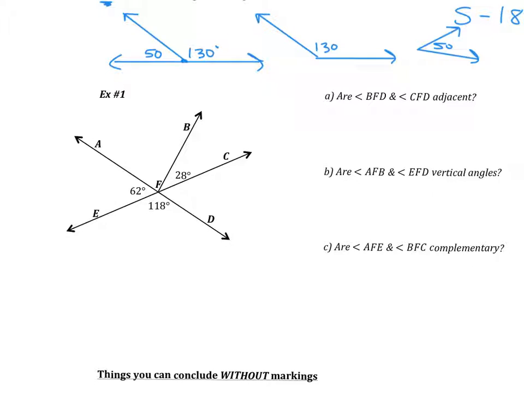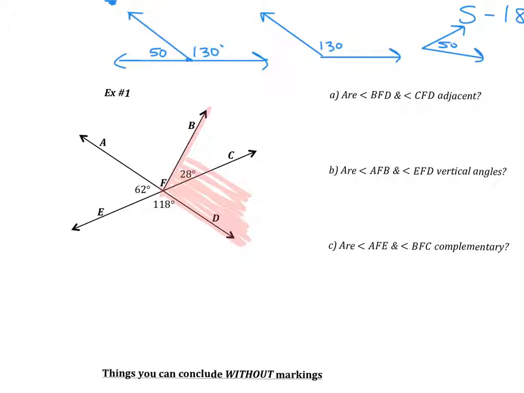Who thinks yes, those are adjacent? Who thinks nope, not adjacent? Who thinks I have no idea? And that's totally okay. Remember, we like mistakes. Okay, here's the thing. If you look at angle BFD, we're going to do a little highlighting here. Oh, sorry, lost my highlighter.